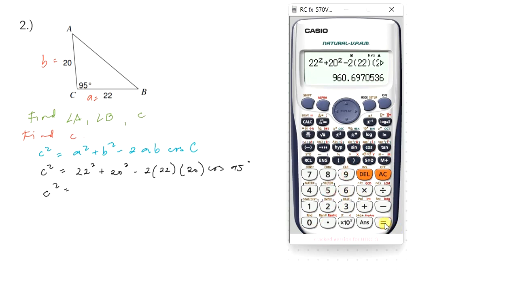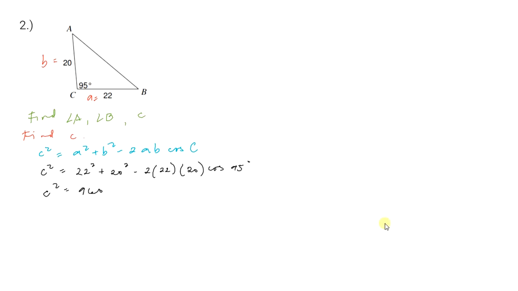We have 960.69705. Again, we'll take only up to 4 decimal places, so that the other parts we get are closer to the approximated value. So we have 960.6971.